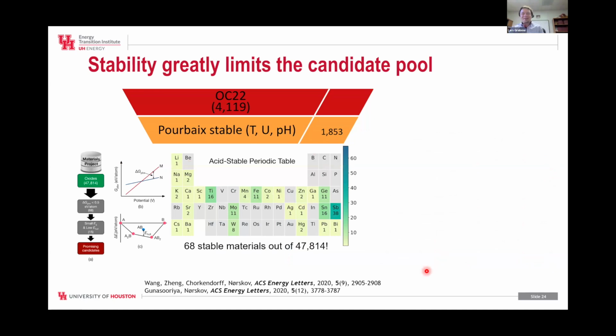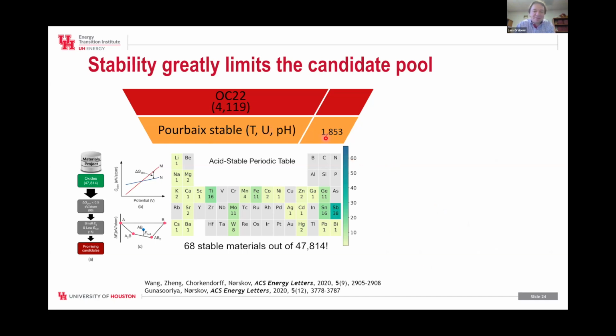Now, we ended up with 81 materials, but what we noticed when we looked at the screening process is that one of the biggest filters is really just the stability. The first step that we looked at, for base stable materials, eliminated more than half of the candidate pool.